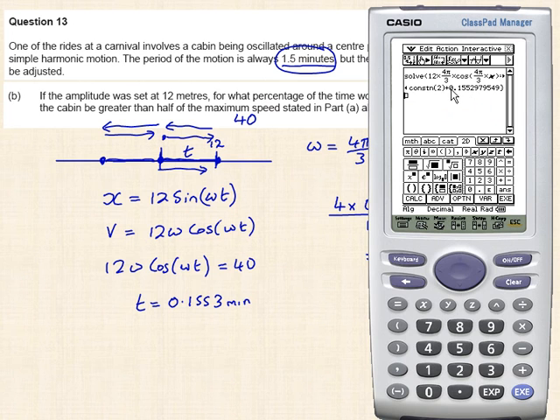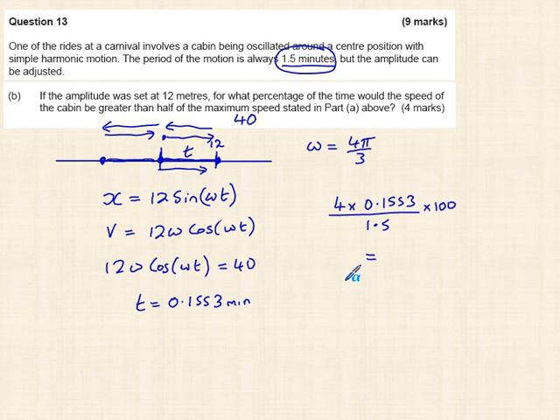So we're taking this value here, we're going to times it by 4, we're going to divide that by 1.5, and we're going to times that by 100, and that gives us 41.4%.